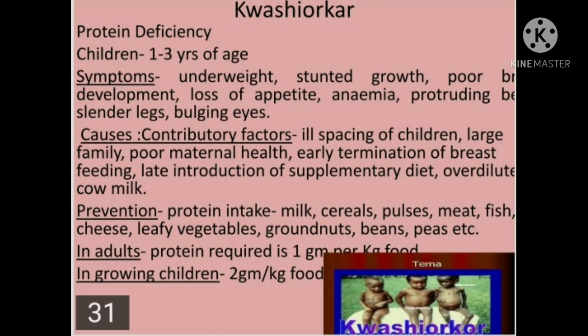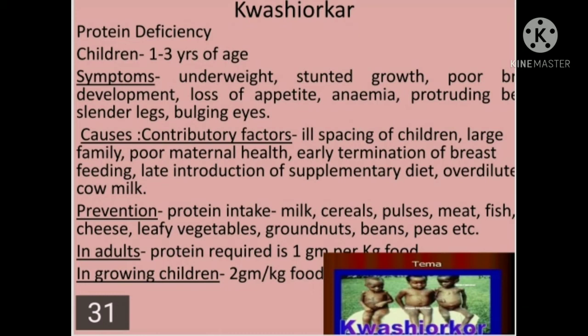Then coming to the prevention. How is it prevented? Protein intake, like milk, cereals, all the dals, pulses, meat, fish, cheese, leafy vegetables, groundnut, beans, etc. All this should be given properly.